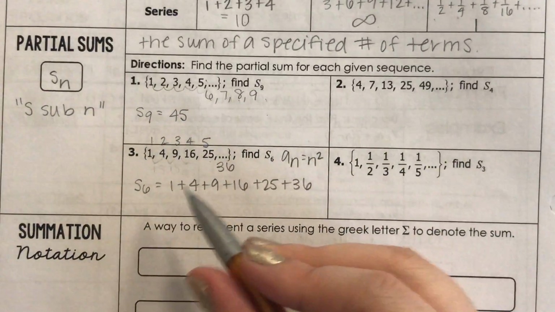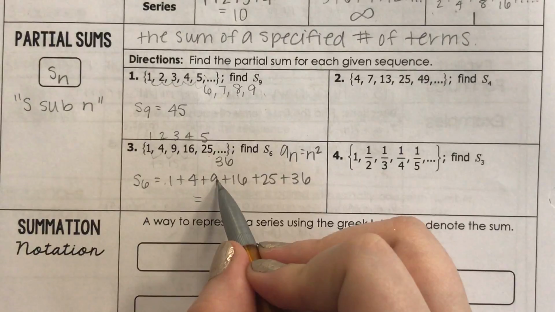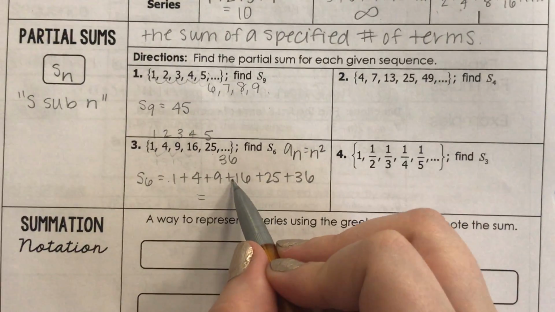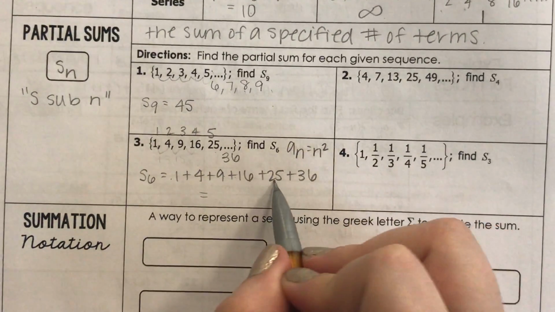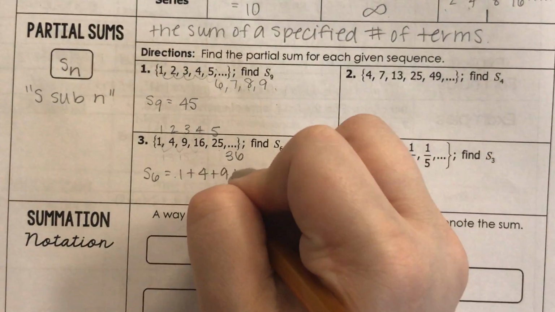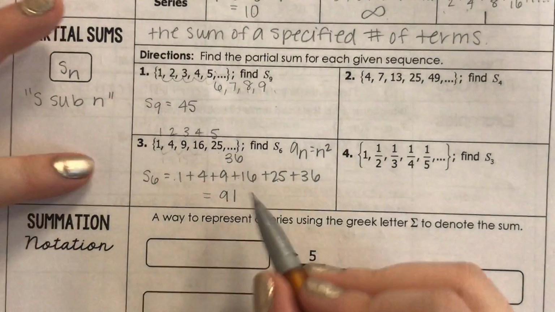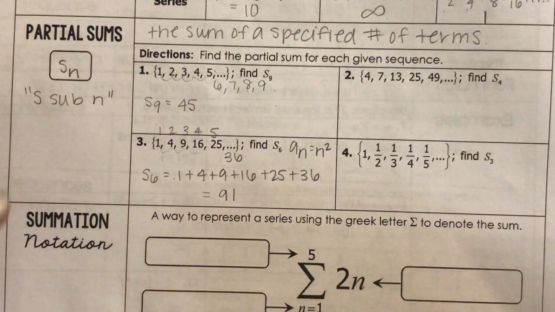Okay, we're going to add all those together. 1 plus 4 is 5. 5 plus 9 is 14. 14 plus 16 is 30. 55. 55 plus 36 is 91. Okay? So that is how you find the partial sum of a sequence. Okay, so in the next video I'll get into summation notation.